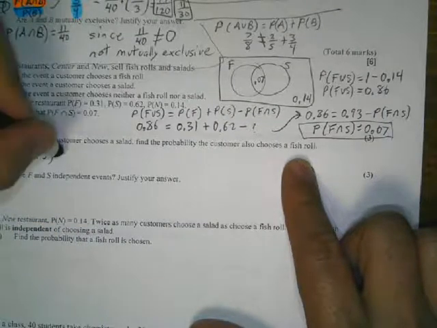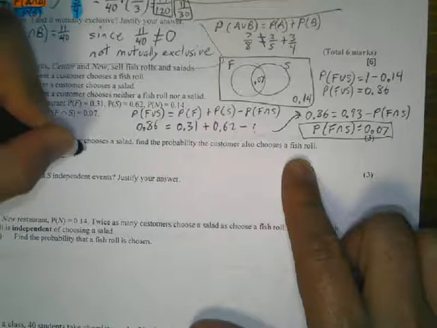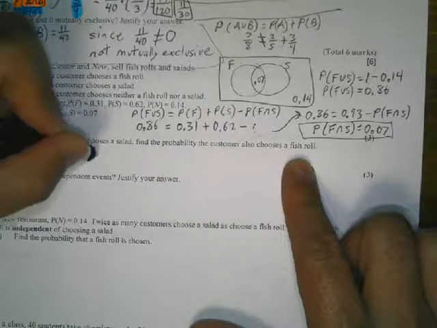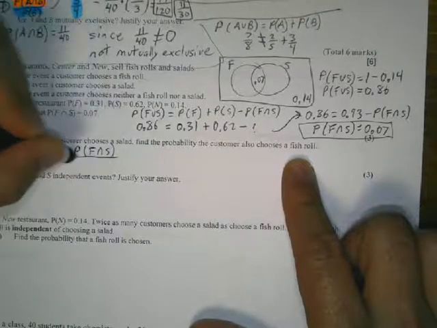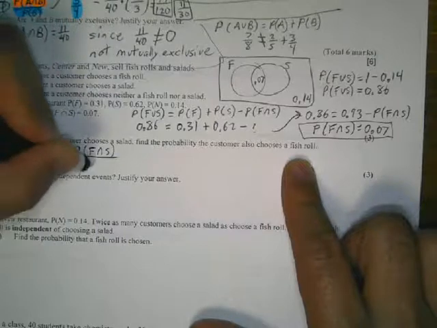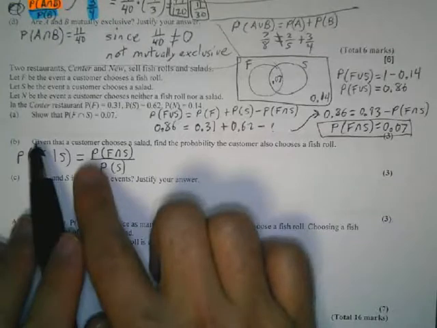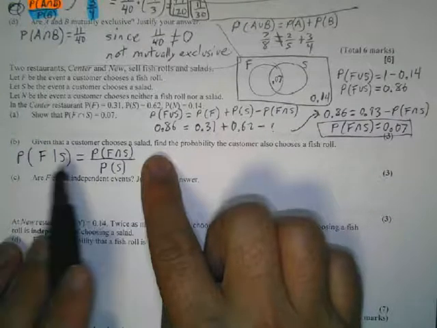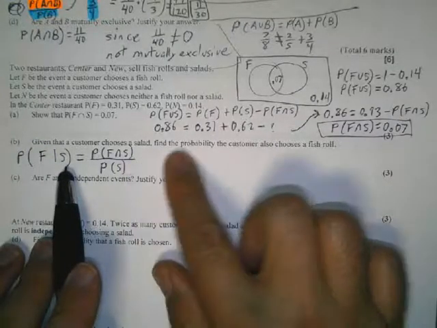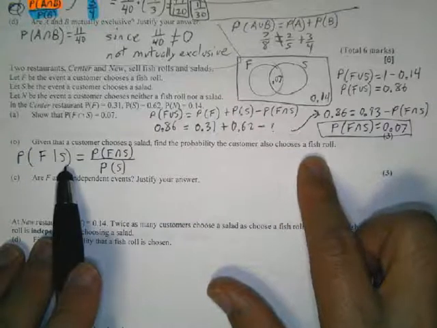This is equal to the intersection of fish and salad divided by the probability of salad. Given that the customer chooses salad, that's my denominator.